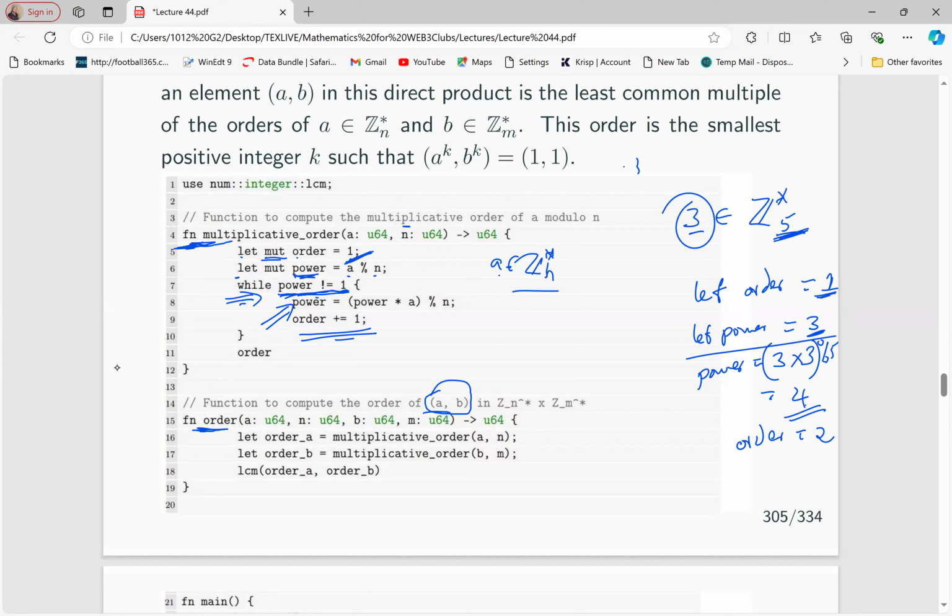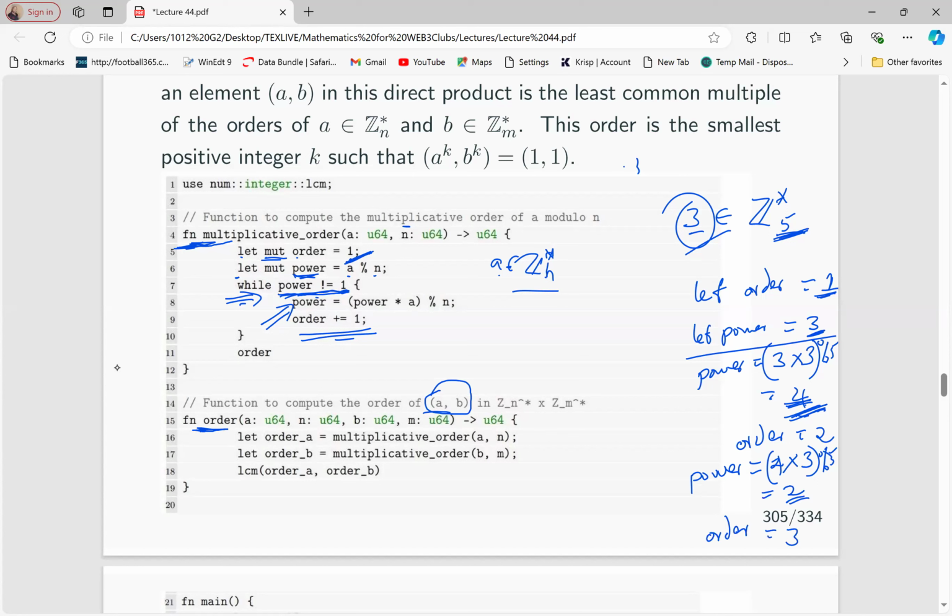My power is 4, so we get the new power by taking the old power and multiplying by A. Our A is 3, and then the result is divided by 5. This will be 12 divided by 5, and the remainder is 2. And then the order increases by 1.